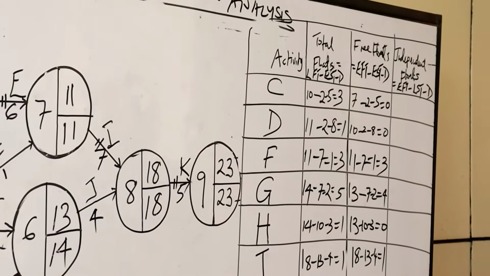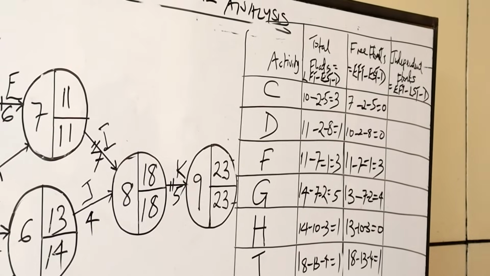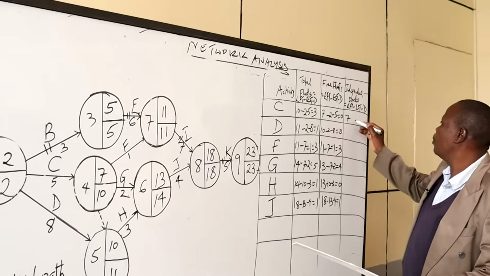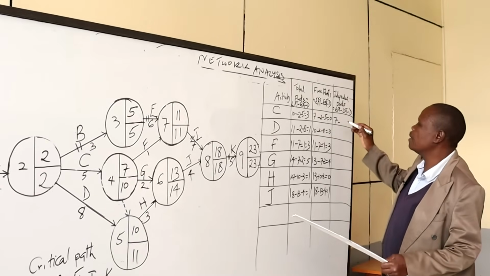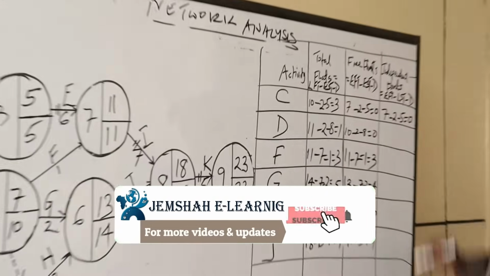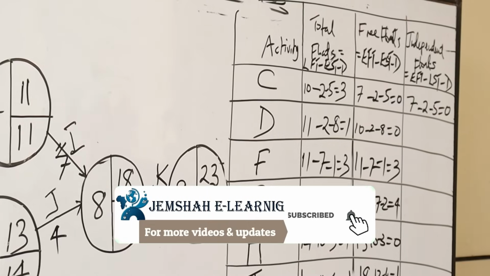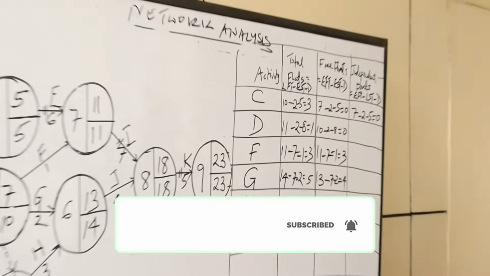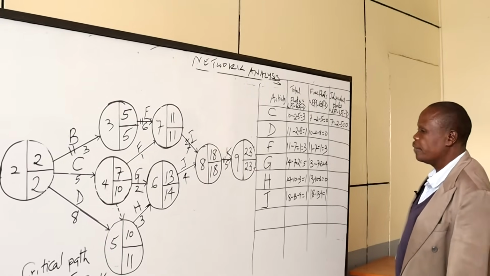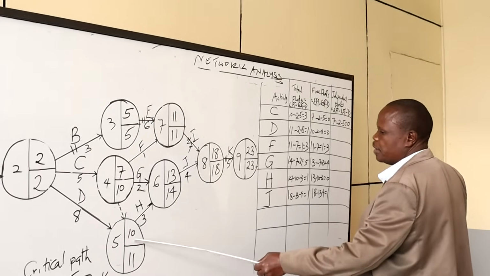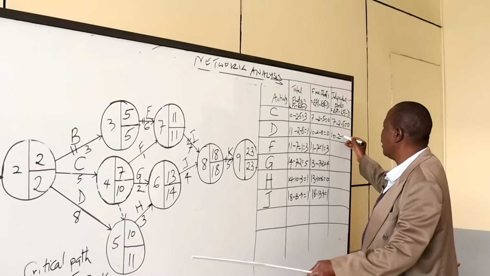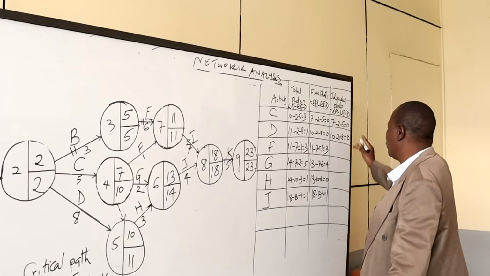So independent float, that is for C, earliest finishing time for C is 7 minus latest starting time is 2 minus the activity duration, which is 0. So activity D, earliest finishing time is 10 minus latest starting time minus 8, that is 0.